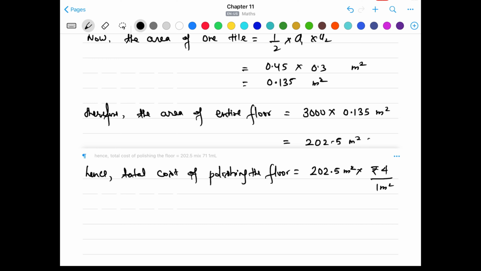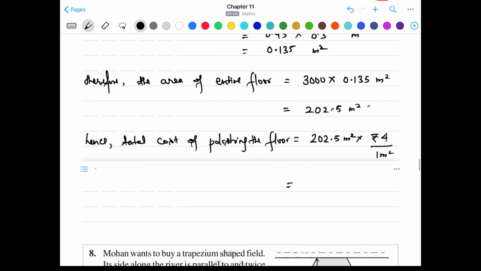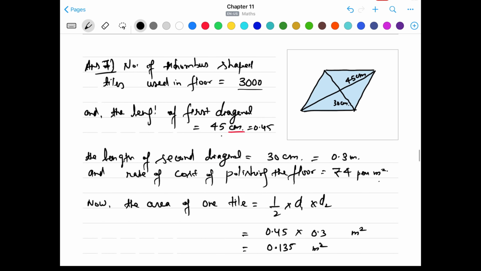Per meter square we can write this as divided by 1 meter square. Okay, when you solve this, the result will be 810 rupees. Okay, so that's the answer for this question number 7.